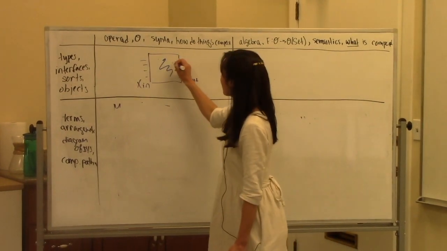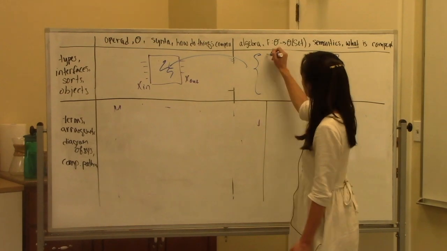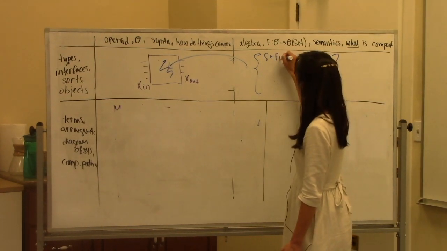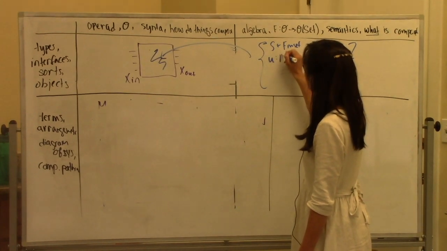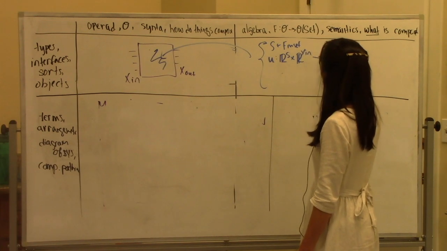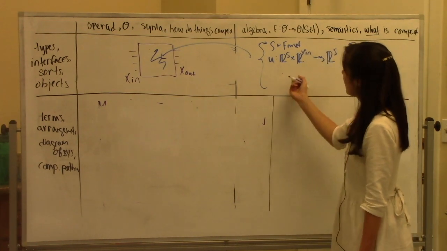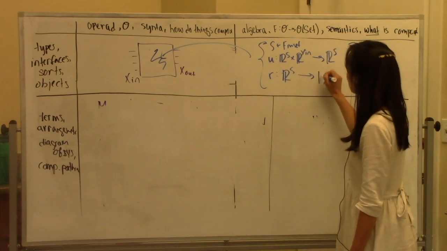What fills such a thing? You need, again, a set of state variables, an update map, which takes in a state and an input and gives you a new state, and a readout, which says, given a state, what is my output?